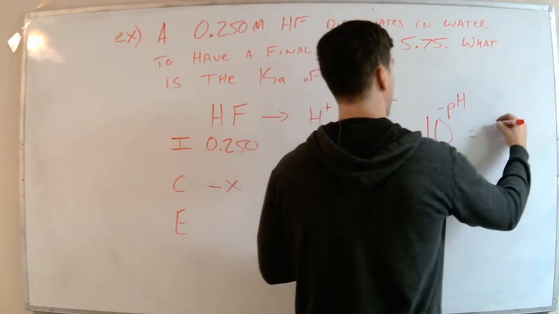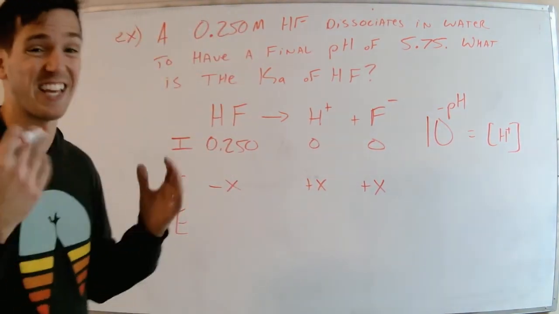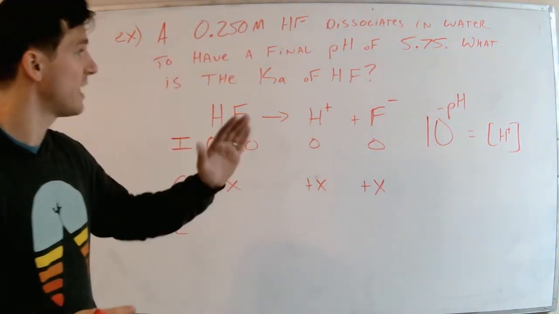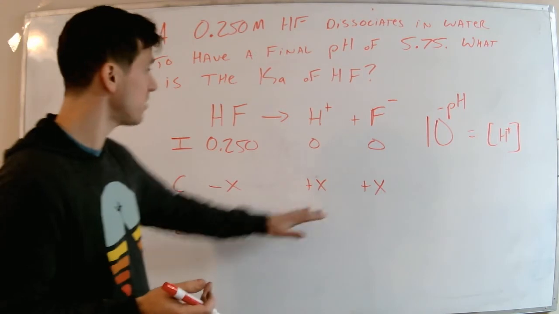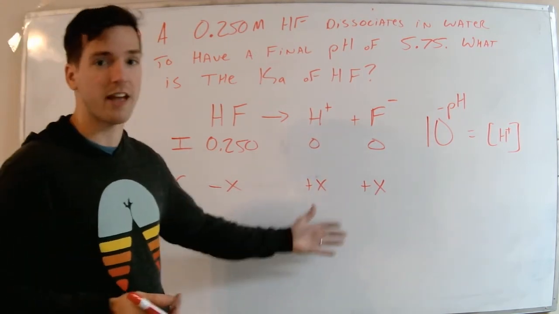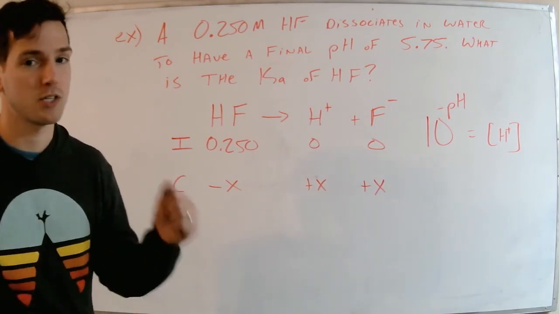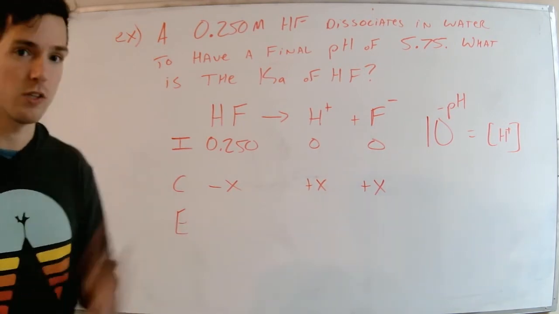We can figure out H plus. If we know pH at the end of the solution, at the final solution, and we just take 10 to the negative pH, it'll give us H plus at equilibrium. Well, heck, that gives us x, and we could figure out the rest of everything. We could plug it into an equilibrium expression, and we got Ka. So let's go ahead and do that.